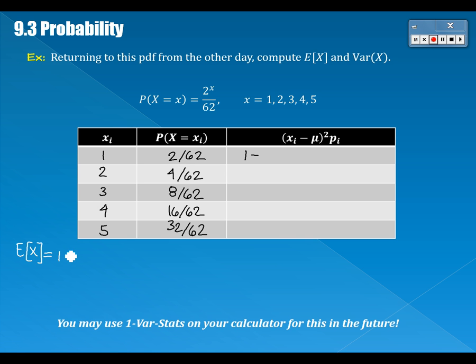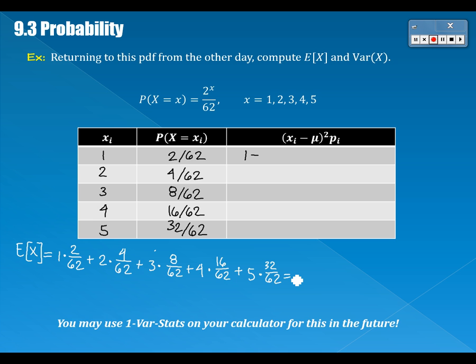So it's 1 times 2 out of 62 plus 2 times 4 out of 62 plus 3 times 8 out of 62 plus 4 times 16 out of 62 plus 5 times 32 out of 62.